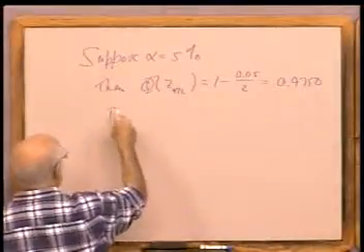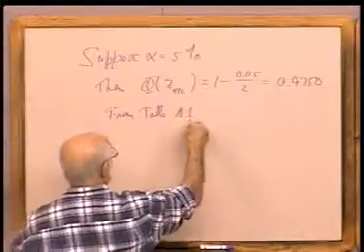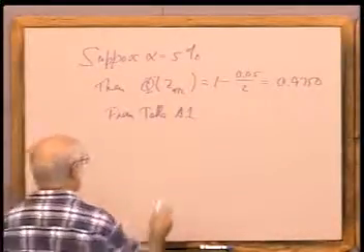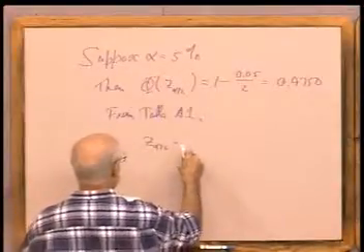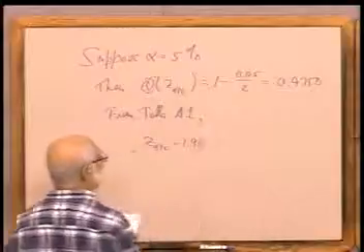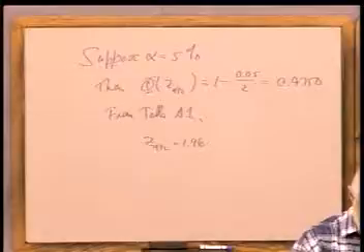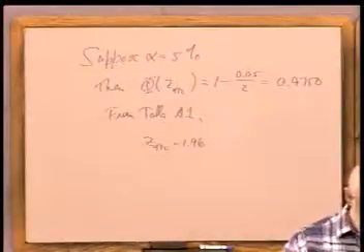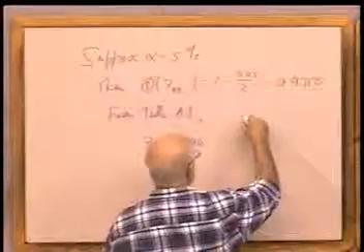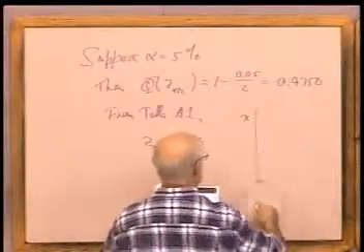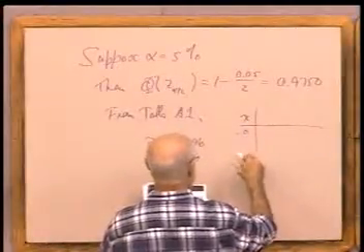Okay, so now we go to the table. Table A1 in Ross, and what we find is that z sub alpha over 2 in this case is equal to 1.96. Okay, so if you go to the table, here's my table. The table looks like this. It has the values of x, and then it goes 0.0, 0.1, and so forth.